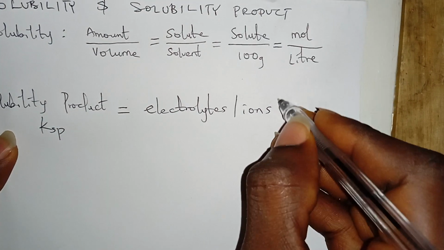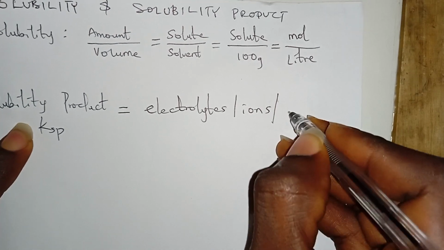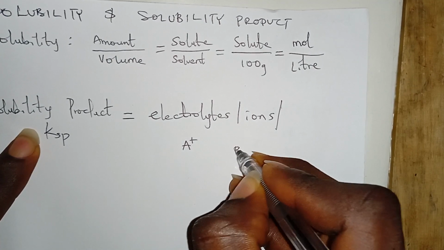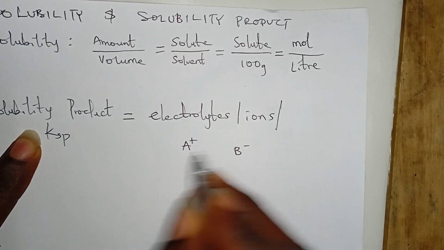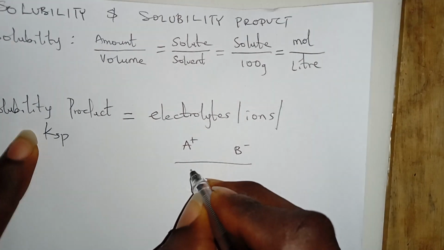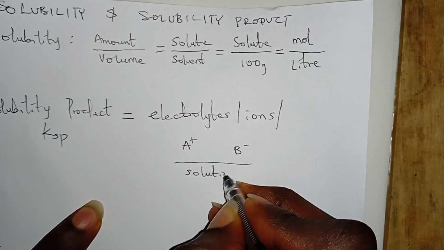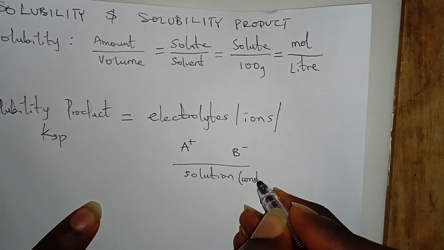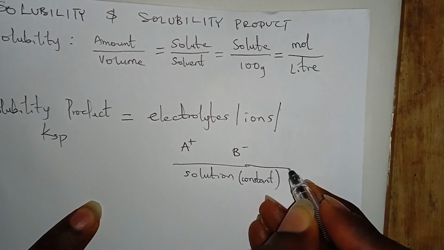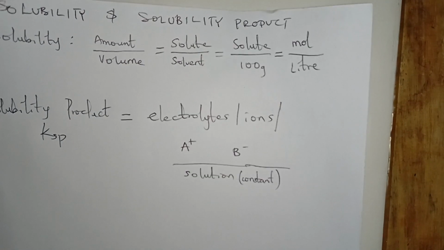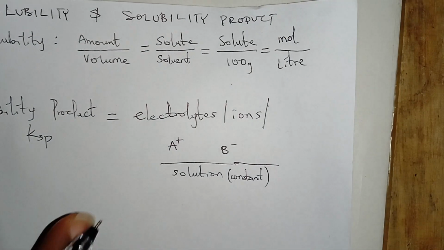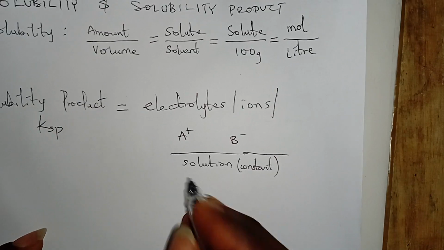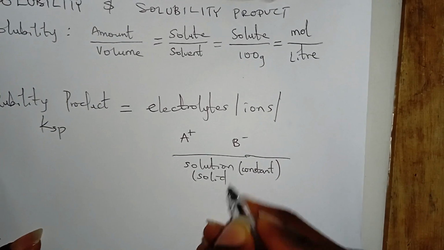And that is why we have that this dissociation, for example, will be dissociation of positive or negative ions. And when you have this all over the solution, but you know that in most cases the solution is always constant because when it is saturated at that constant temperature, we now say that the reactant is always constant because in most cases this reactant is always a solid.